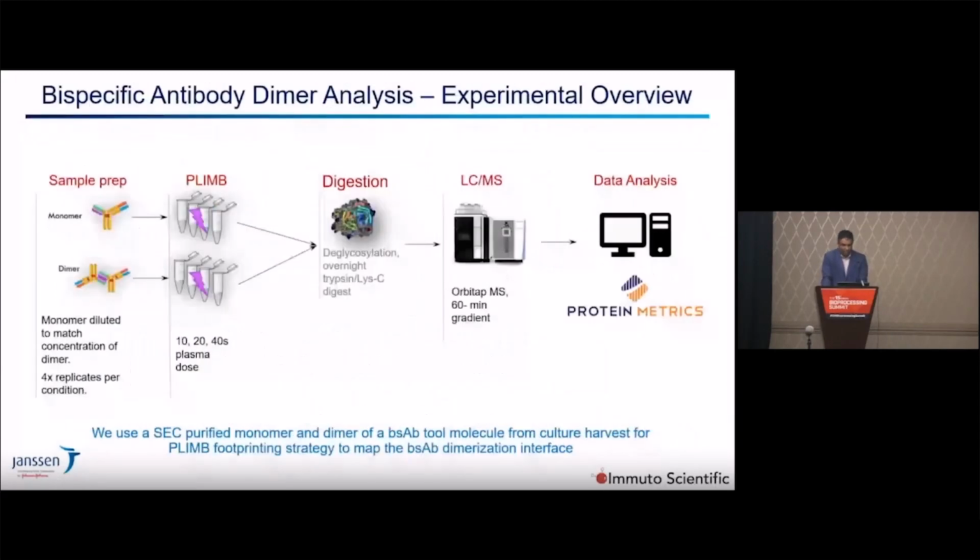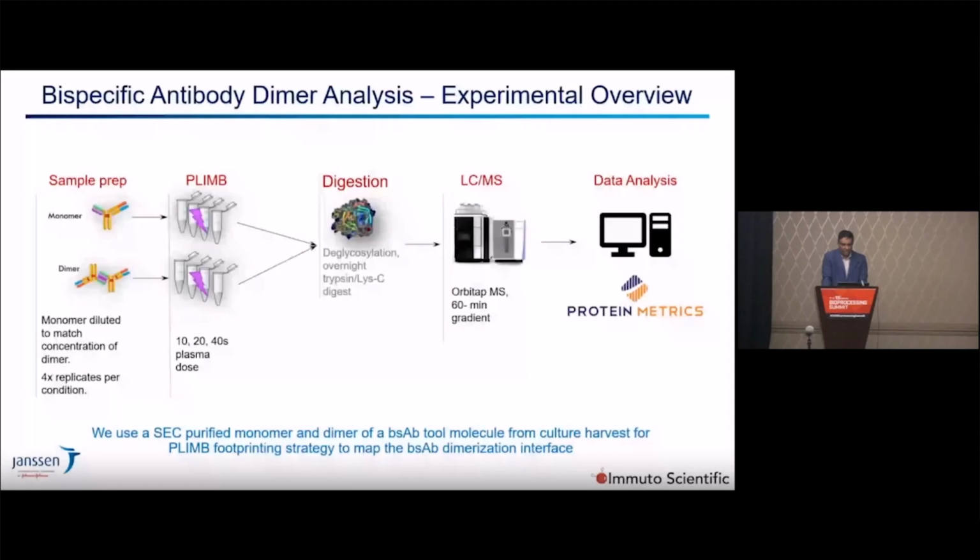So this is the general workflow where we are performing this PLIMB experiment to understand the mechanism of aggregation between these bispecific antibodies. We start these experiments by using a purified sample of the monomer and a purified sample of the dimer.